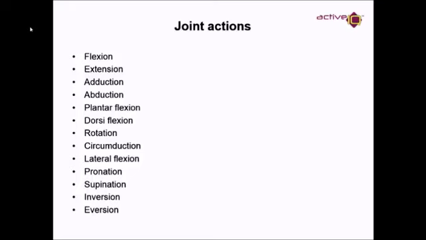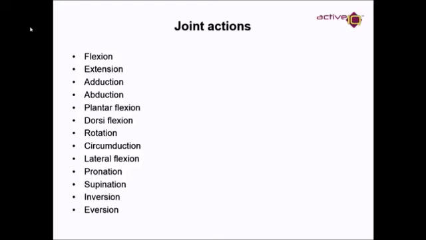Circumduction is a circle motion where the body stays still. So we can make little circles with our hands away from the body. That's circumduction. We can make little circles with our ankles away from the body. The chest and the main part of the body is staying still. That's circumduction. Rotation is moving the whole body, rotating it round.